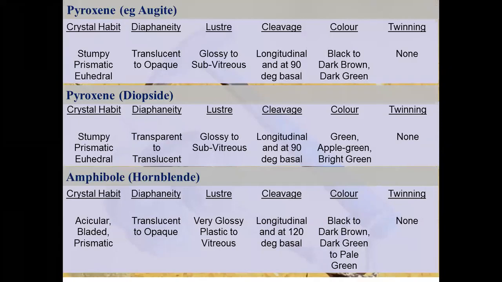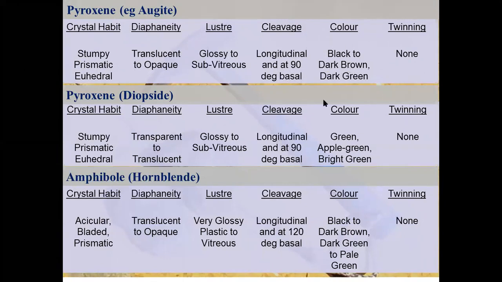Well, quite a lot actually. We looked at pyroxene, and really we were talking about augite as the main one. The crucial things about that were the very stumpy prismatic crystals, a cleavage which we could observe under most conditions, and these dark colors.